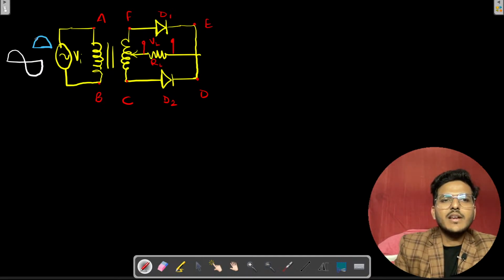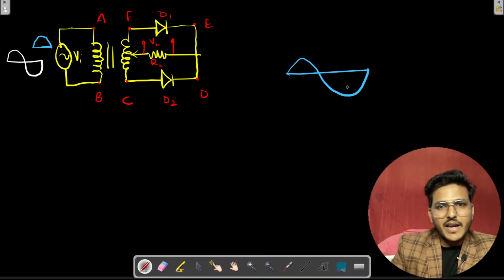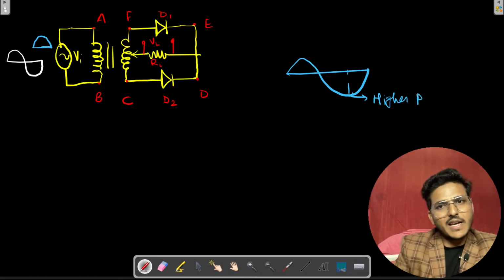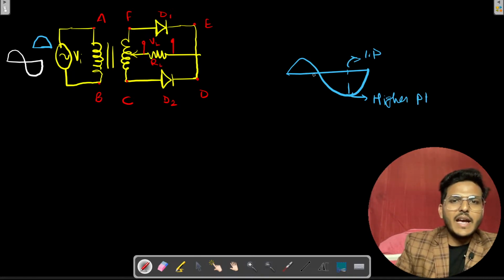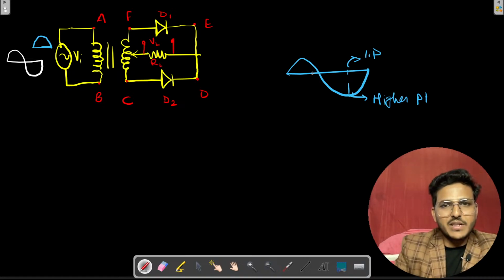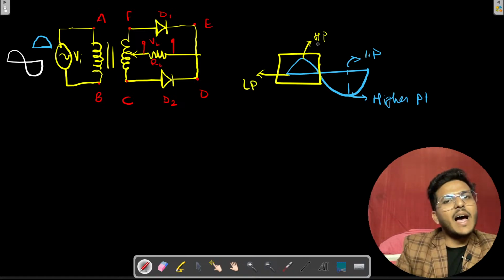At this time, if I'm considering the AC signal source in this way, then this is at higher potential and this is at lower potential, right? In the same way, if I'm considering this half, then this one is at lower potential and this one is at higher potential, right?